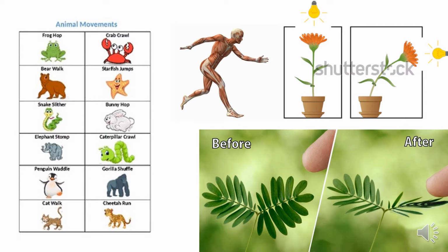And I have shown you how the mimosa leaves sleep when they are touched. And also you have to keep in mind the non-living things, they do not move. If they want to be moved, you need to provide an external force for them to move.